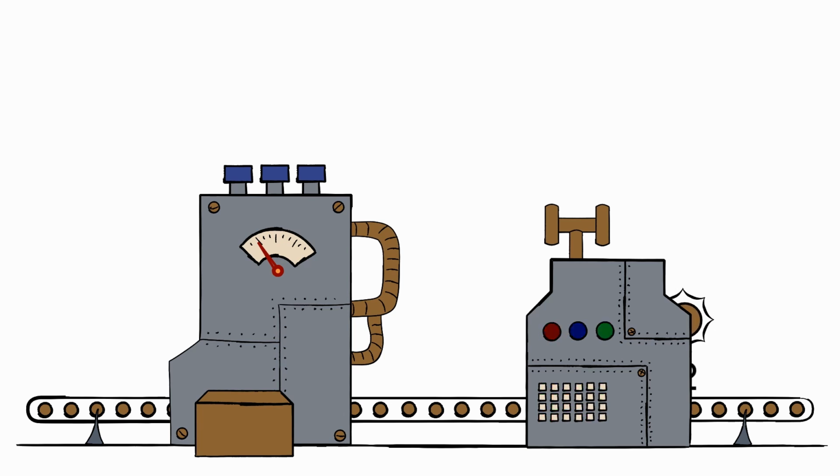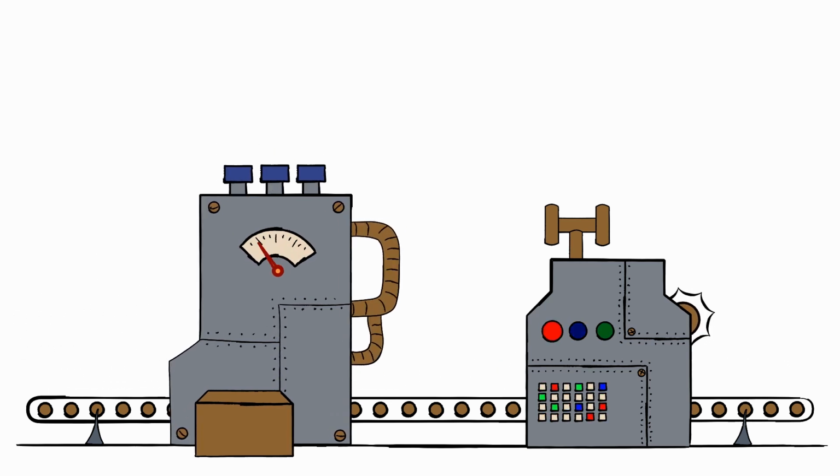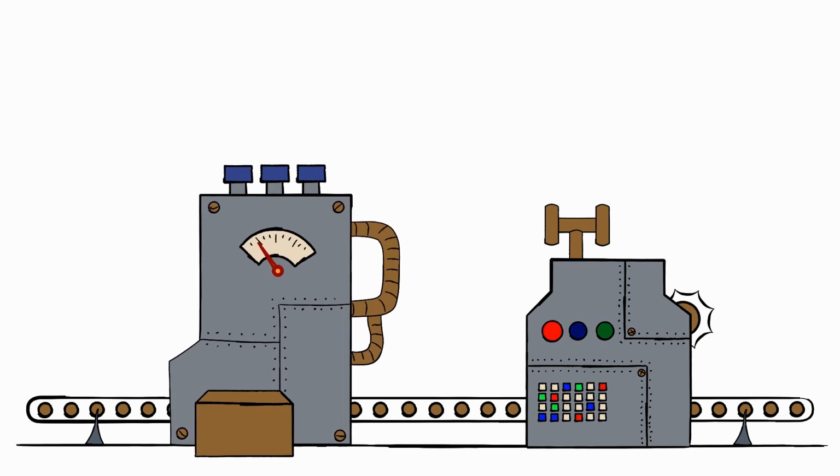We feed some data to the first factory. This factory works on this data, produces some output, and this output is fed to the second machine, which takes it as an input and produces another output, and so on and so on.